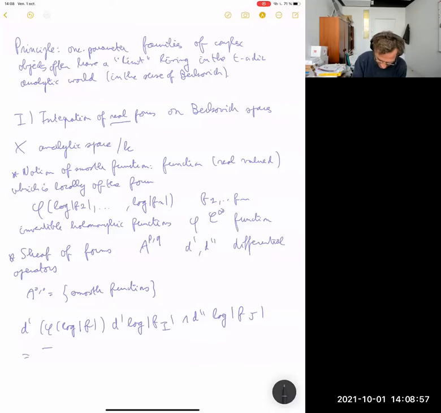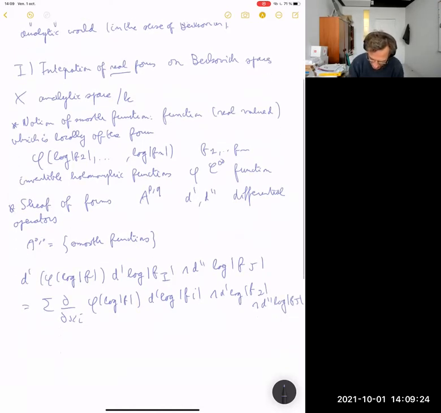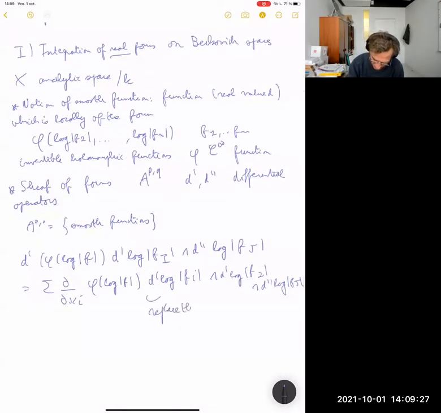This is just the sum of these terms; there is also a wedge product on this complex of forms. And the same for d'', except that one replaces d' by d'' in all the expressions.